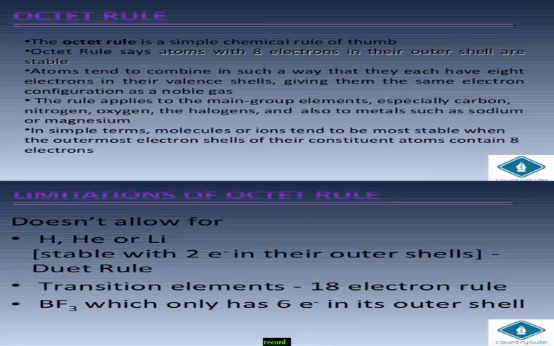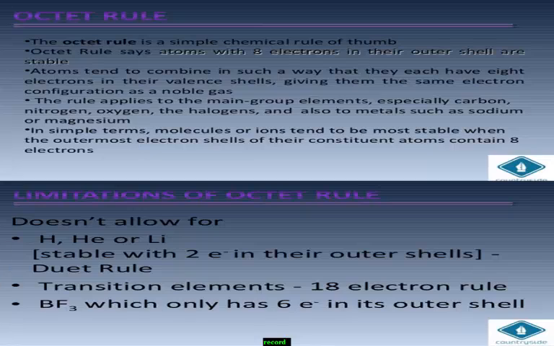Students, remember, Kossel and Lewis developed the valence theory of chemical bonding to explain the formation of chemical bonds. According to this theory, every atom always tries to get the octet configuration in its valence shell either by gaining, losing or sharing of electrons.